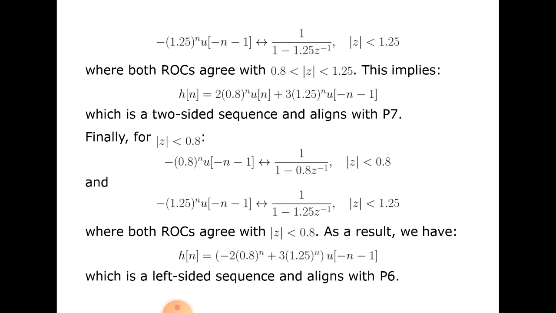Both ROCs agree with modulus of z less than 0.8. As a result, we have h[n] equal to -2 times 0.8^n plus 3 times 1.25^n, u[-n-1], which is a left-sided sequence and aligns with P6.